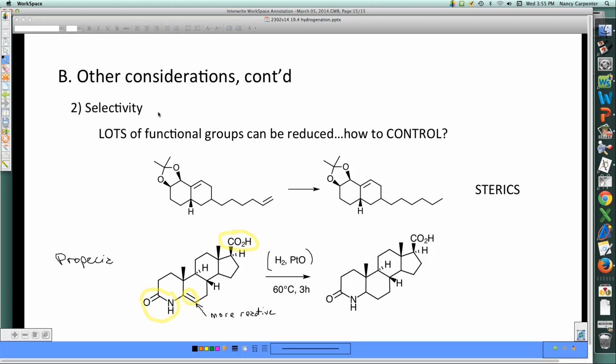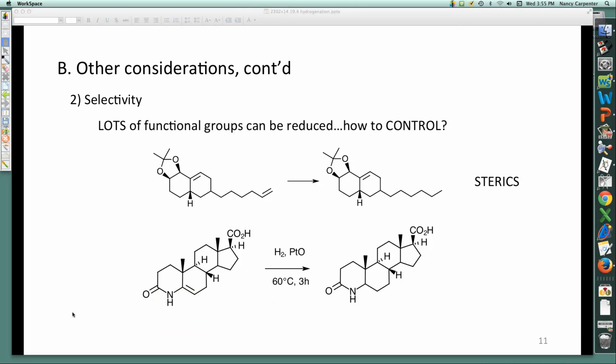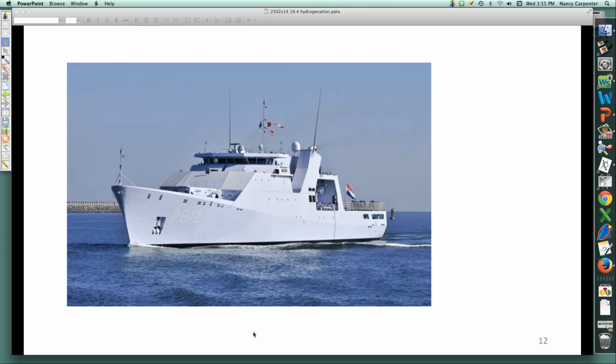So selectivity is very, very possible by judicious choice of your reagents. So sterics up here and just the general reactivity of the functional groups in the second example allow you to control where the reduction takes place.